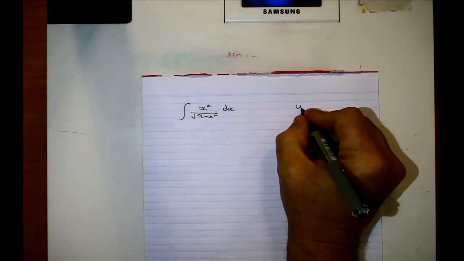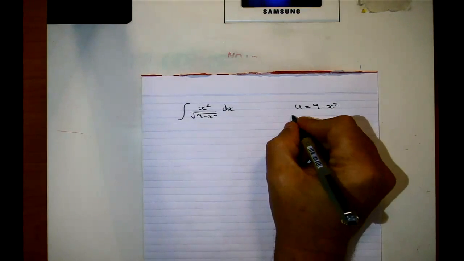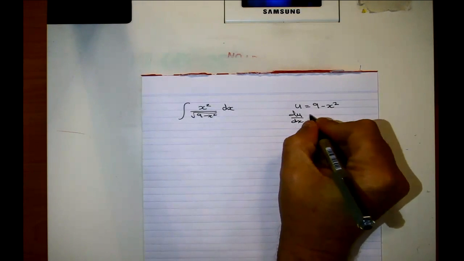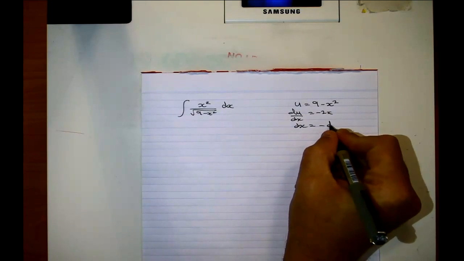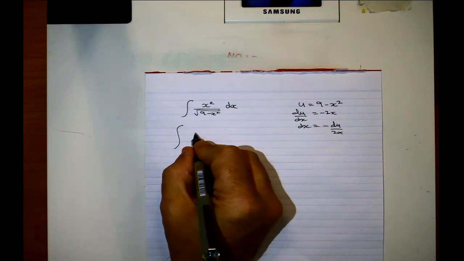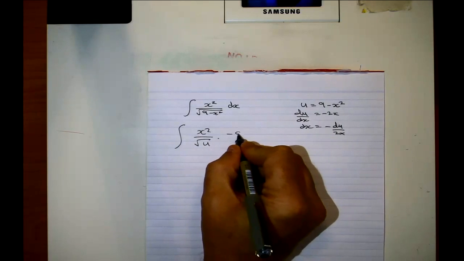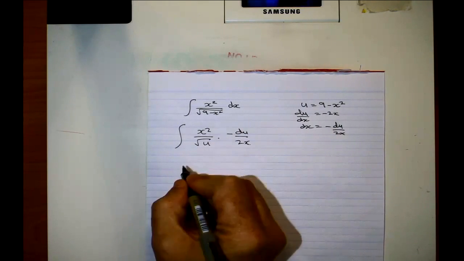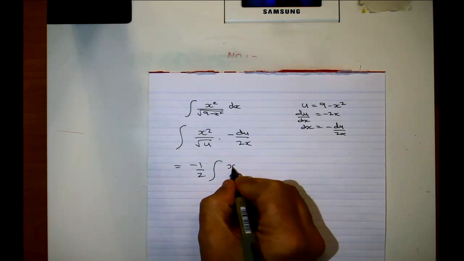If you do this, this will become... now let's take that half out. One of the x's cancel.